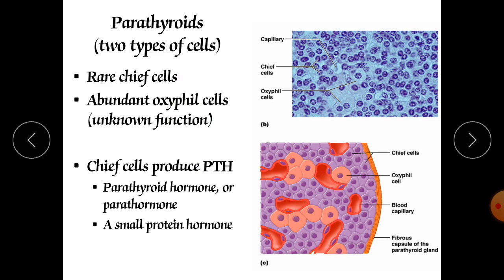Now this parathyroid hormone is a major regulatory hormone which controls the levels of calcium, magnesium and phosphate ions in the blood. The specific action of parathyroid hormone is to increase the number and activity of osteoclasts, resulting in elevated bone resorption, which releases ionic calcium and phosphates into the blood.